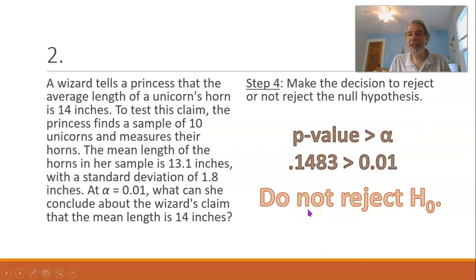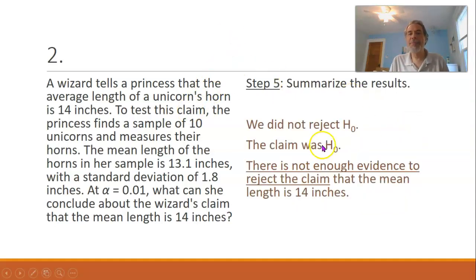So there was not enough evidence to what? Well, we did not reject the null hypothesis, and that was the claim. The claim was that the mean was 14. That was the null hypothesis. We just said we could not reject that. So there is not enough evidence to reject the claim that the mean length is 14 inches. In other words, the wizard could very well be right that that's the average length of all unicorns' horns.